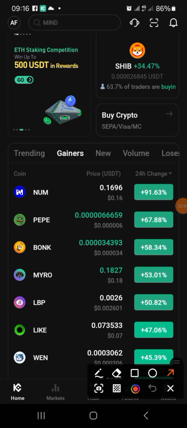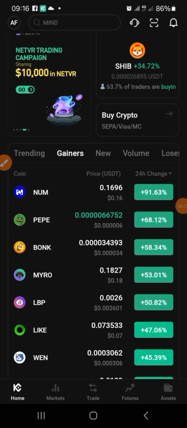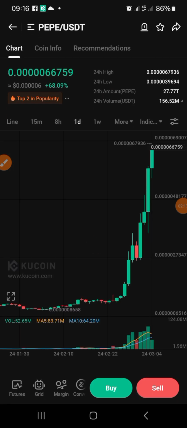For me to be able to trade this particular asset, for example this PEP, if I click on this PEP, for me to be able to buy PEP, I will have this particular market pair.